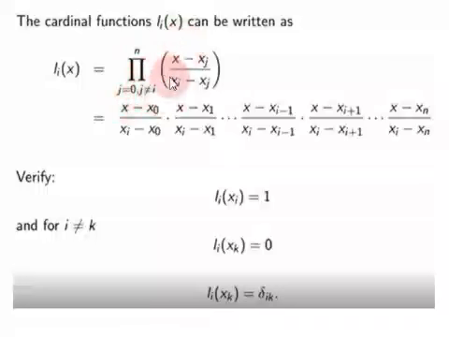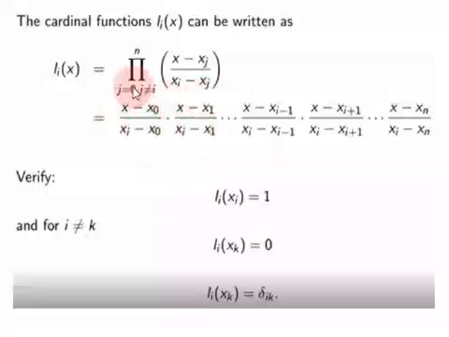Let's see what this is. For the first one, when you plug in j equals 0, we get x minus x sub 0 divided by x sub i minus x sub 0, and this is our first term.